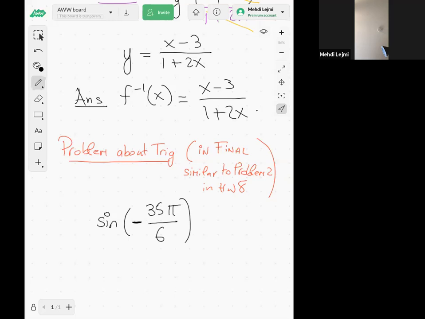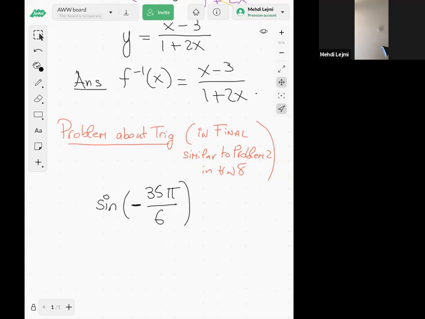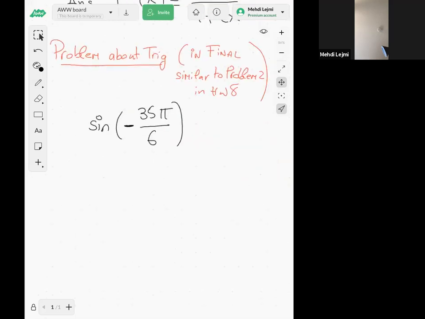So for this negative angle, the first step, guys, is that whenever you have a negative angle and you want to find your sine or cosine, in step 1 you use the fact that sine is an odd function. What I mean by odd is that sine of minus theta is minus sine of theta.